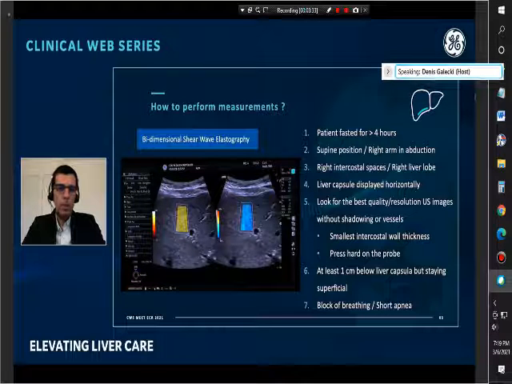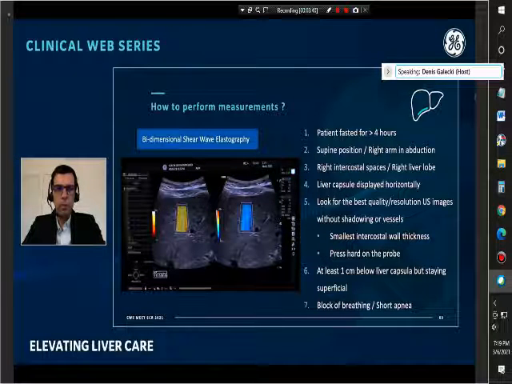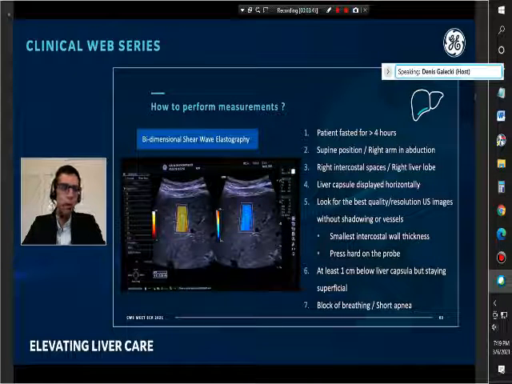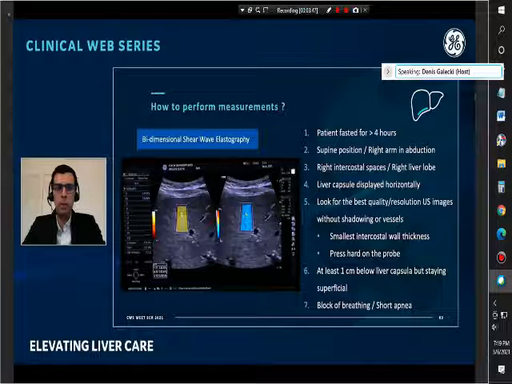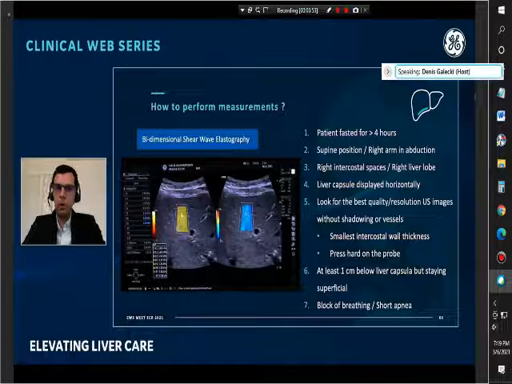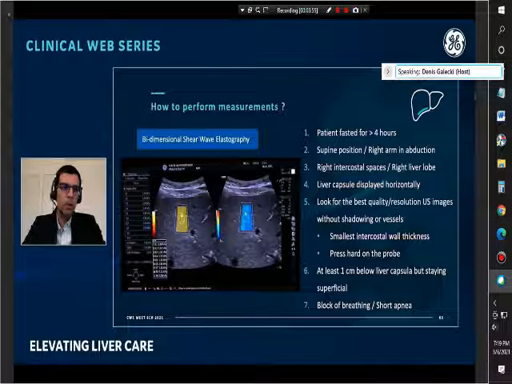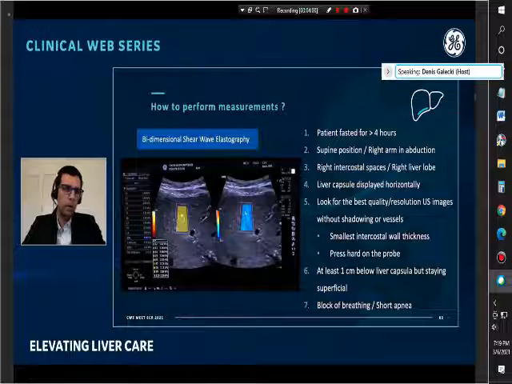As you can see on the video on the left part of the screen, this is a real-time video, and it's quite easy and fast to perform 10 liver stiffness measurements. In less than 2 minutes, with a little bit of training, you can perform 10 liver stiffness measurements and 10 UGAP measurements on the patient.